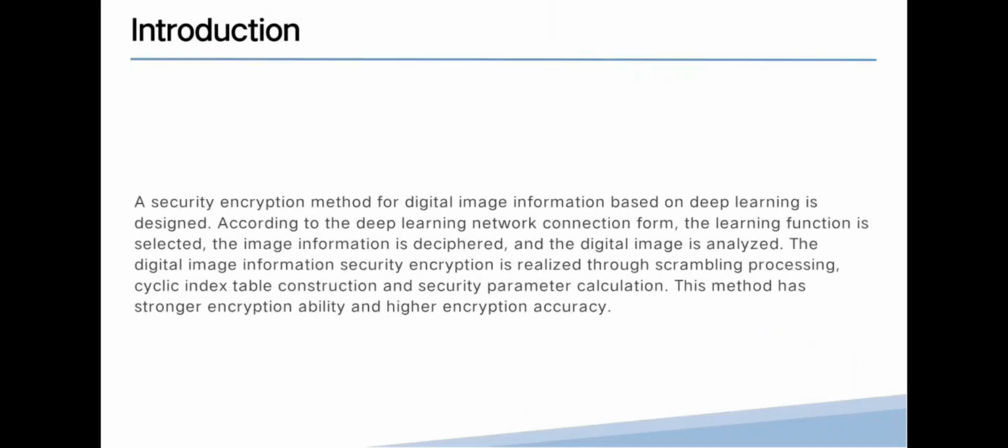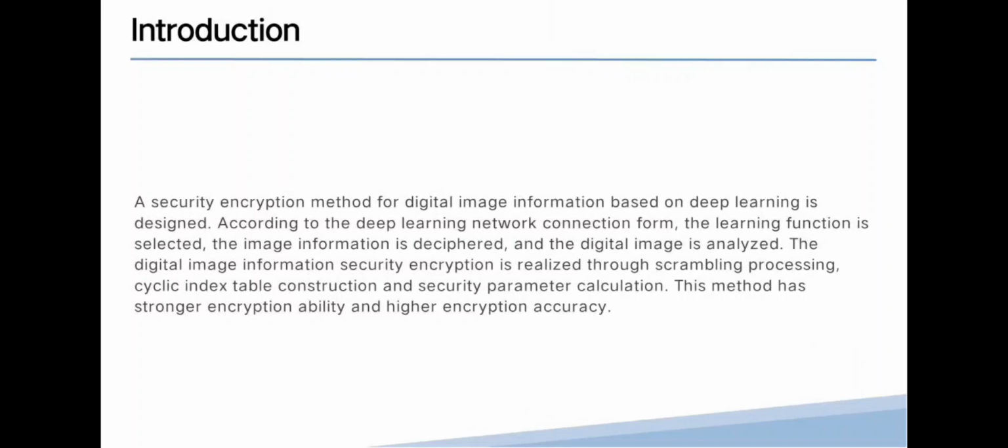A security encryption method for digital image information based on deep learning is designed in my paper. According to the deep learning network connection form, the learning function is selected. The image information is deciphered, and the digital image is analyzed.